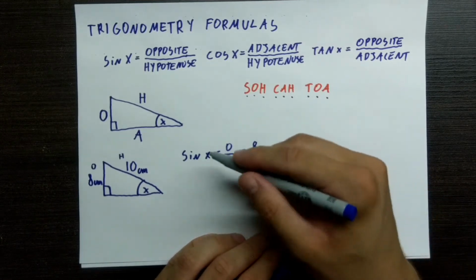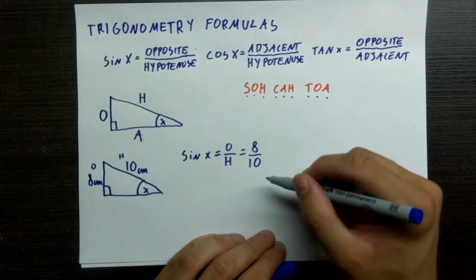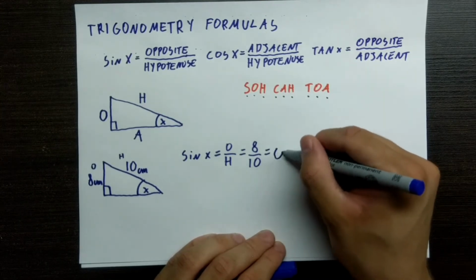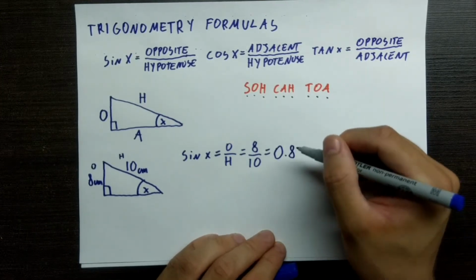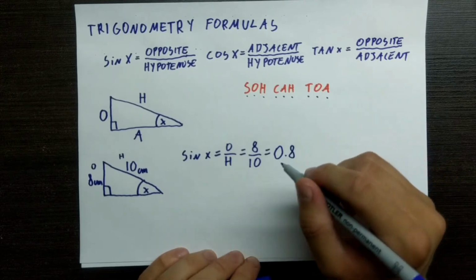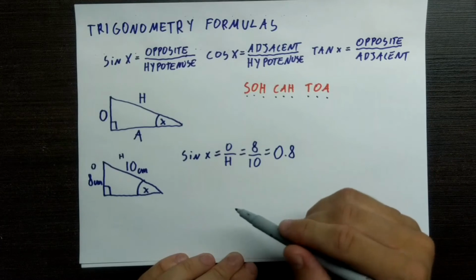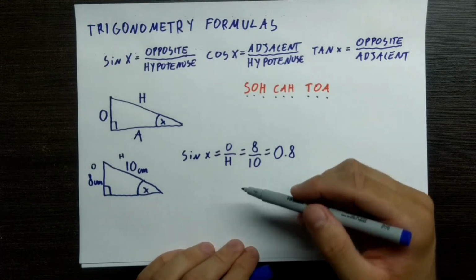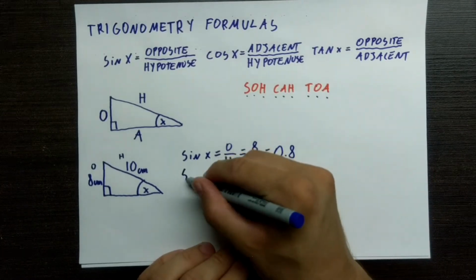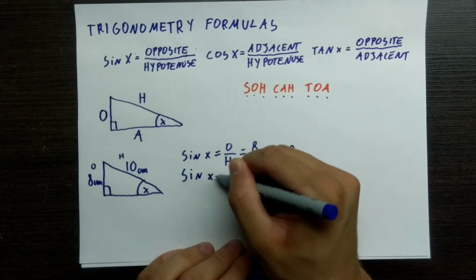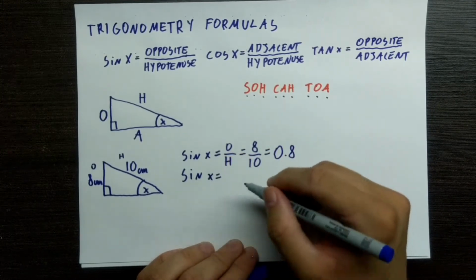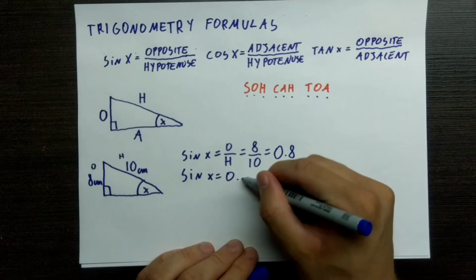So sine x is equal to 8 divided by 10, which is, of course, 0.8. So what do we do next? Well, we're kind of close, because now we know that sine x is equal to 0.8.